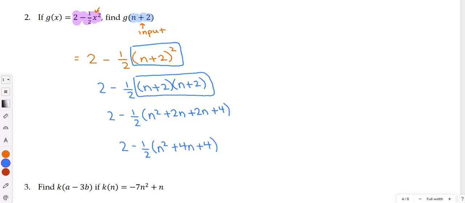All right, so I did my exponent piece, right? That input squared. I ended up with this trinomial. Now comes my distribution of negative 1 half. So I'm distributing. Let me go here because I don't have room. So we got 2 minus 1 half times n squared, 1 half n squared, or n squared divided by 2. Negative 1 half times positive 4n is a negative 2n.